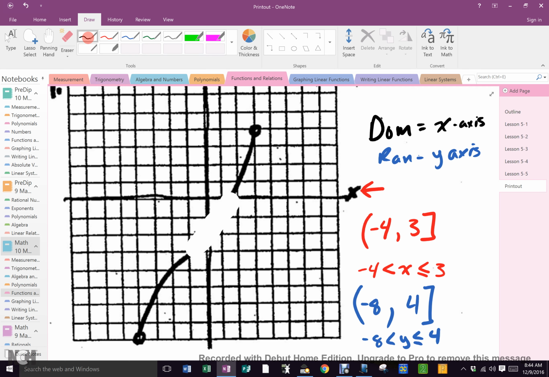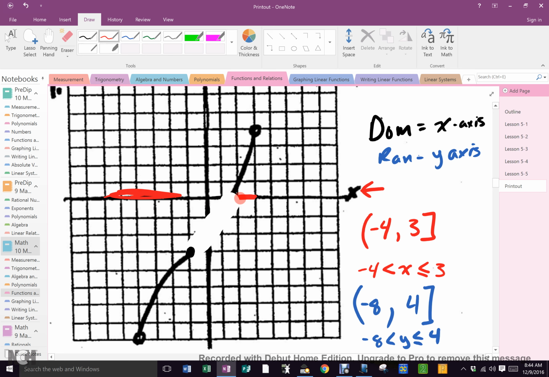Oops. Well, that's okay. Now, how many domains do I need? 2, because there's this part of the domain and this part of the domain.